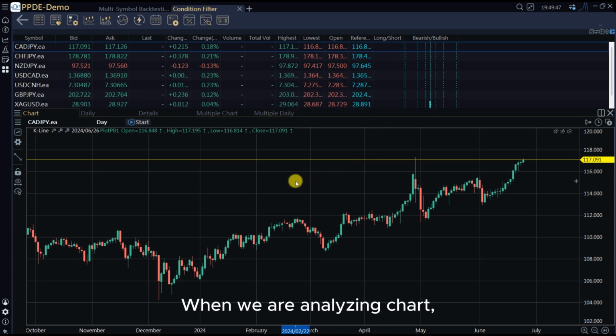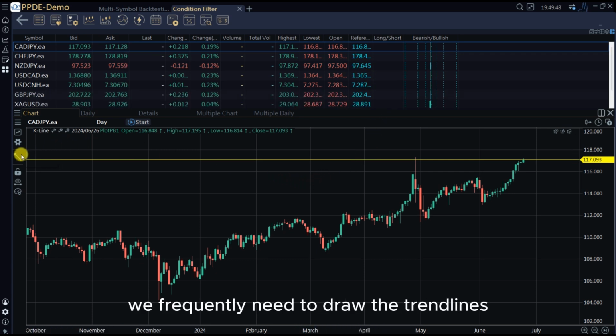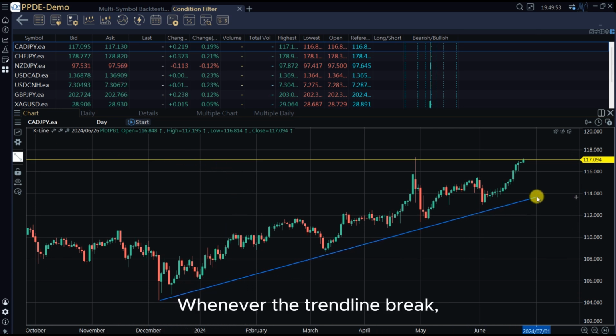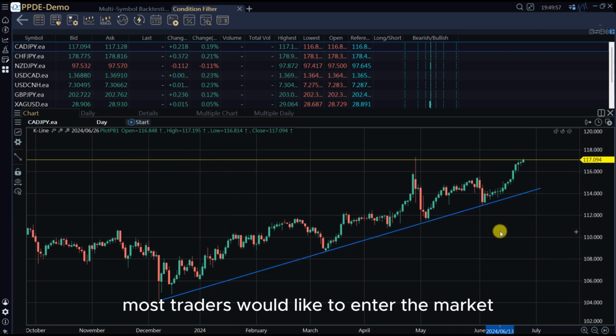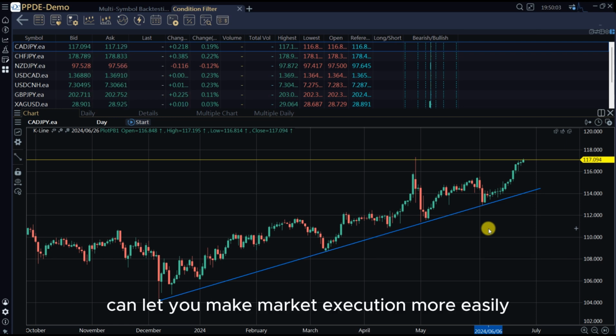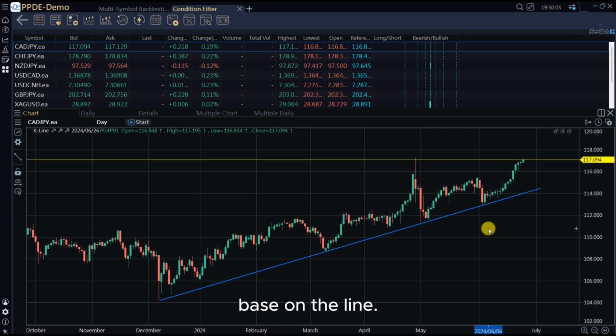When we are analyzing charts, we frequently need to draw trend lines in order to identify the market trend. Whenever the trend line breaks, most traders would like to enter the market based on the breakout strategy. So, this drawing function can let you make market execution more easily based on the line.